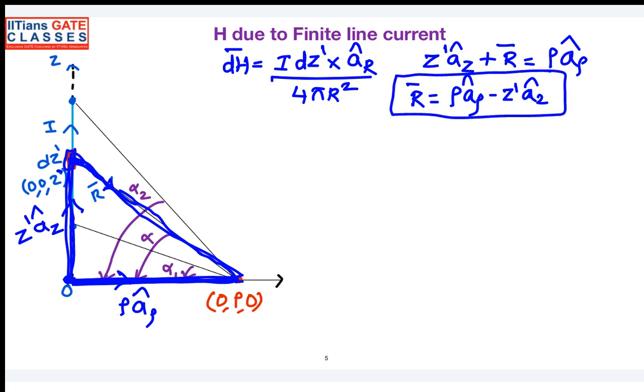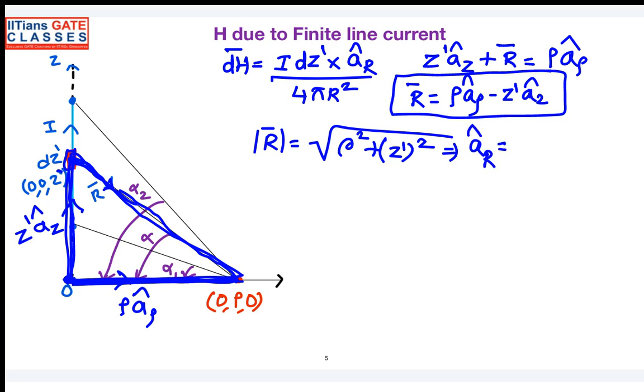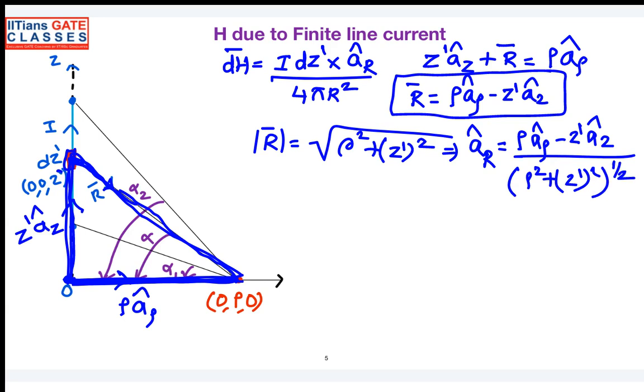And what will be the modulus of r bar right now? That will be root over rho square plus z prime whole square. So the unit vector along r bar is equal to rho a_rho cap minus z prime a_z cap divided by rho square plus z prime whole square, whole power 1 by 2. And at the same time, if you want to write dz prime as a vector, the current element is located in the z direction.